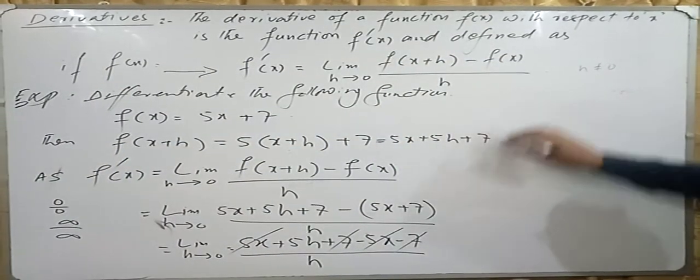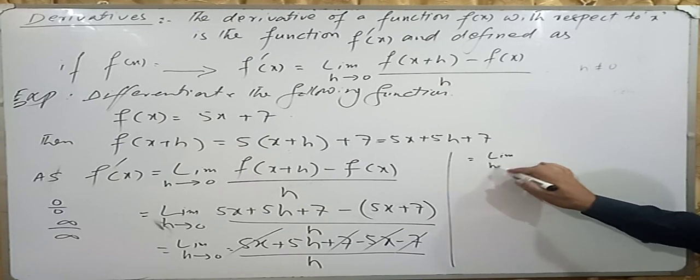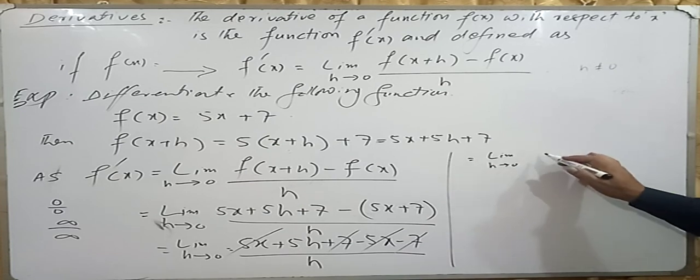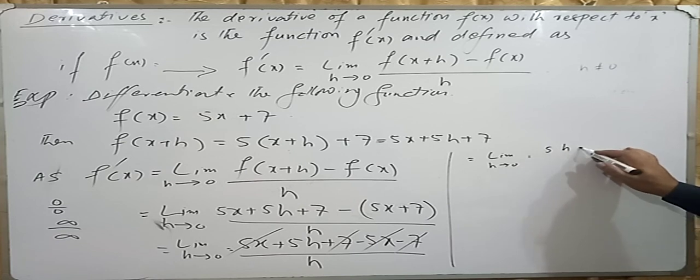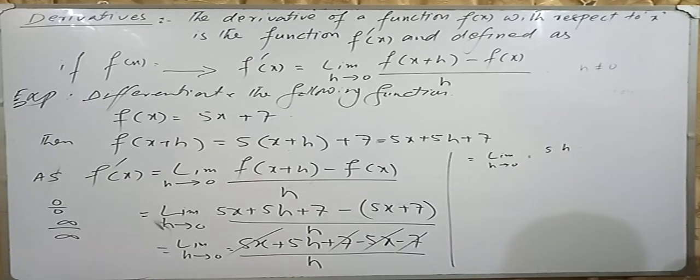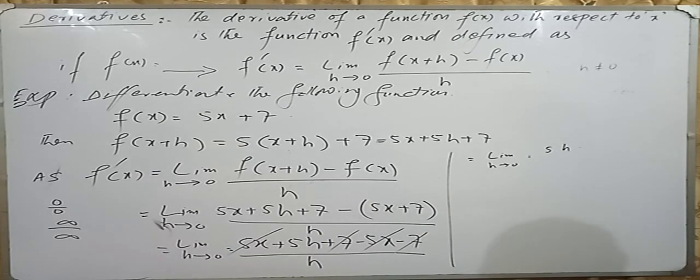If you see, we have limit h tends to 0 and we have 5h, and 5x will cancel with 5x. How much is remaining? 5h.